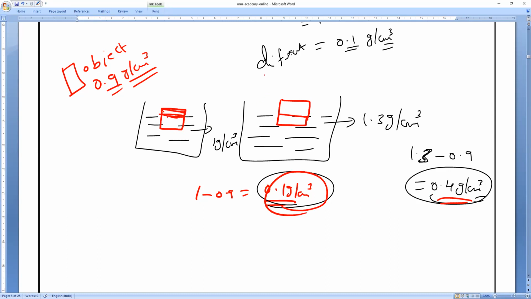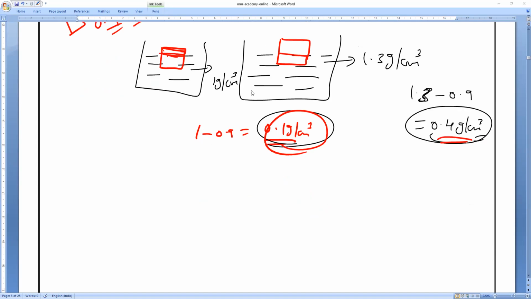This is also the concept of the principle of flotation. How much the object will sink or float above the surface depends on the density difference.